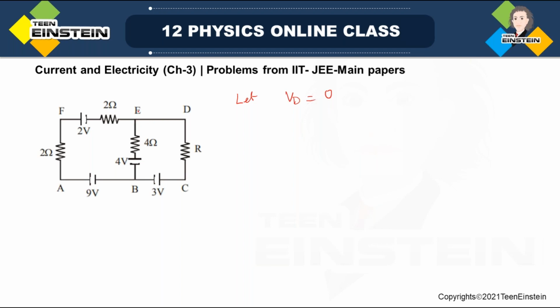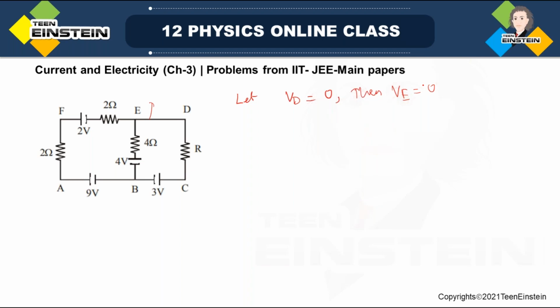So E and D are actually the same point, and when current is not flowing through this wire, these two points are obviously the same. So VE will obviously be 0.